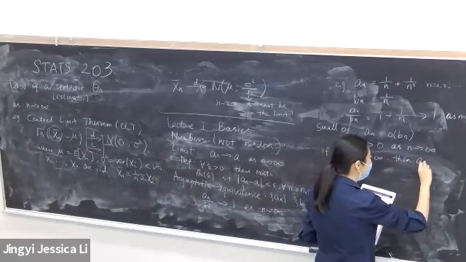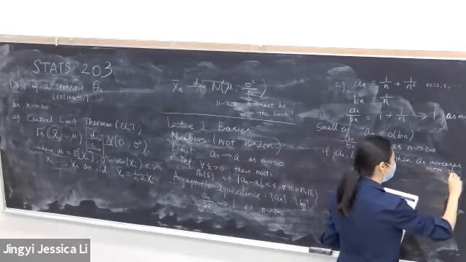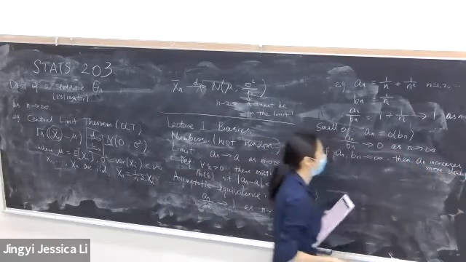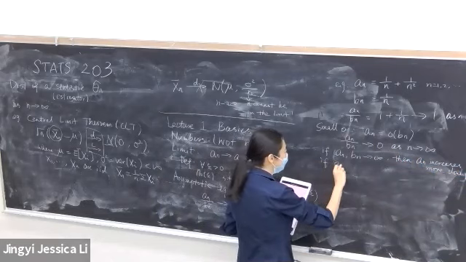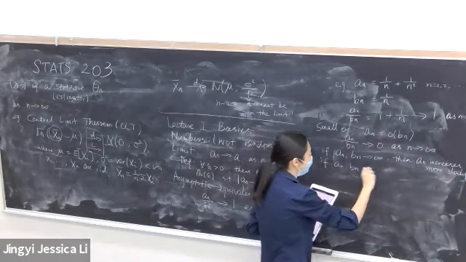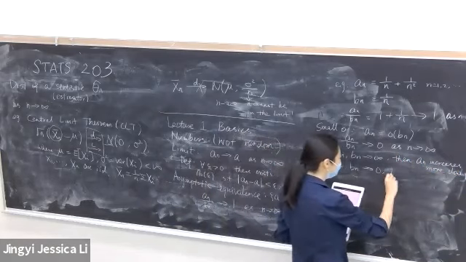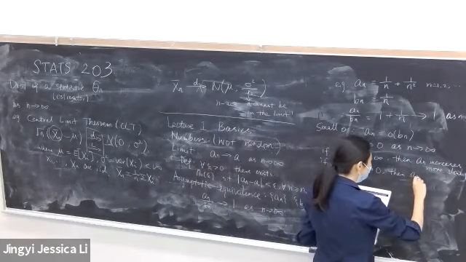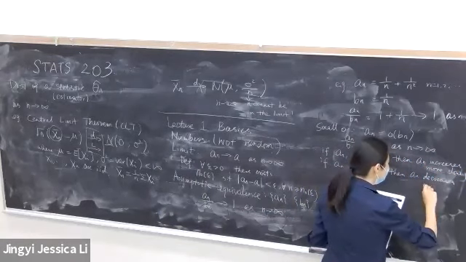This is one case. But otherwise, if an and bn both decrease and go down to 0, then it means an decreases faster.